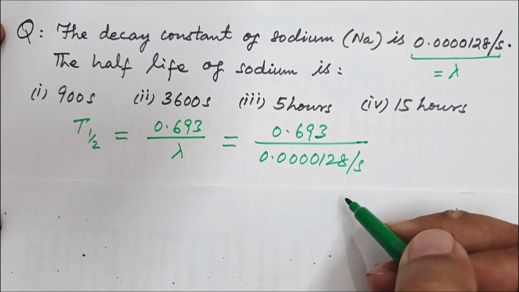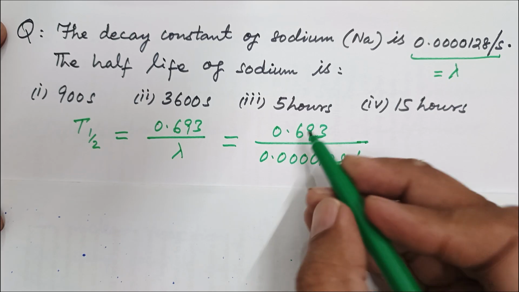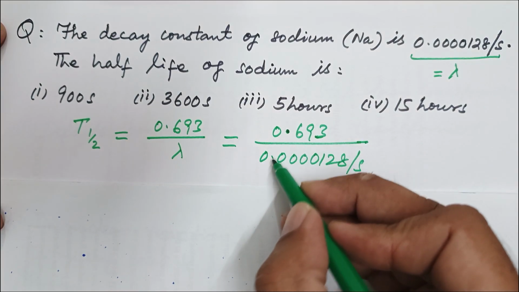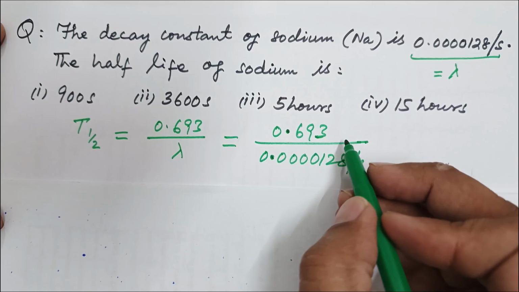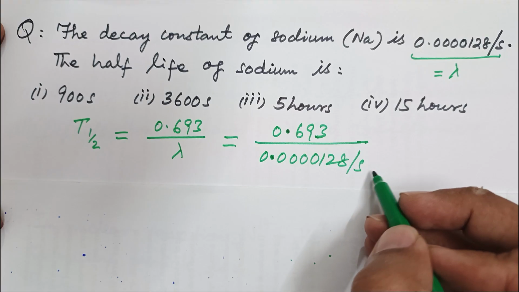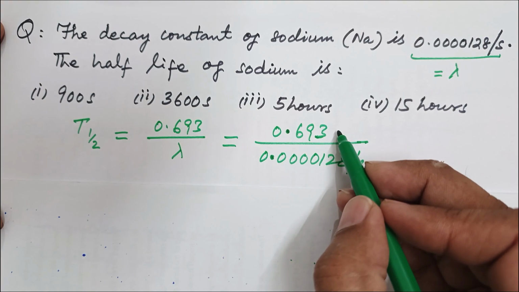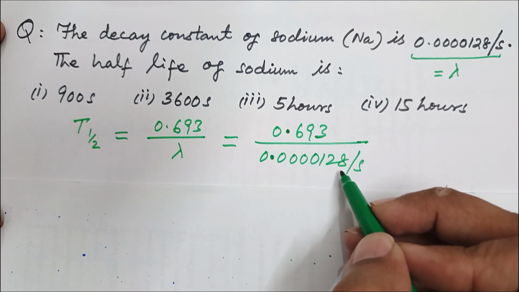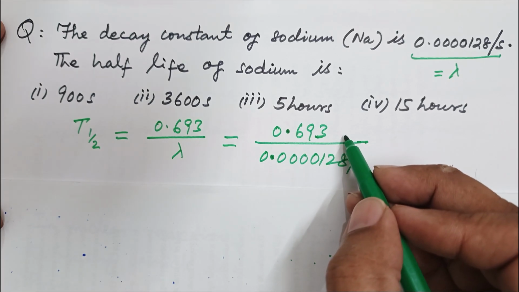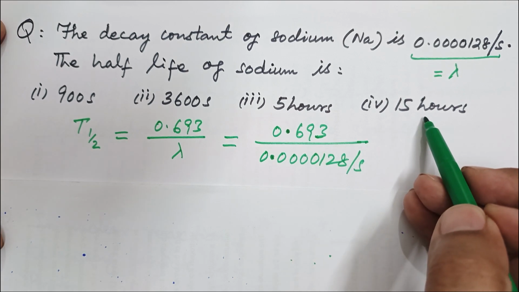So why I told you that we can solve it immediately without calculation? Because you can see that in the numerator we have 0.693, in the denominator we have a very small number. So when you divide the numerator by the denominator, you will get the maximum result. So the maximum in this is 15 hours.